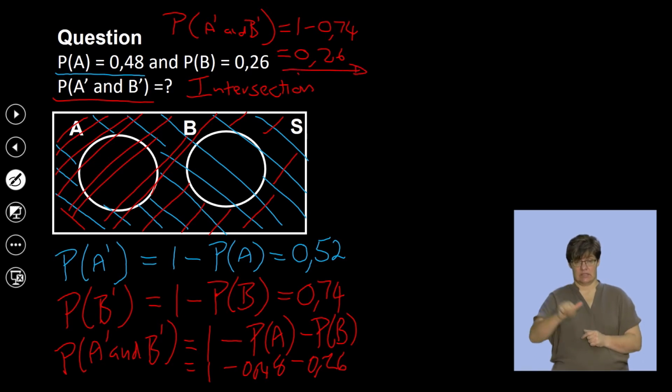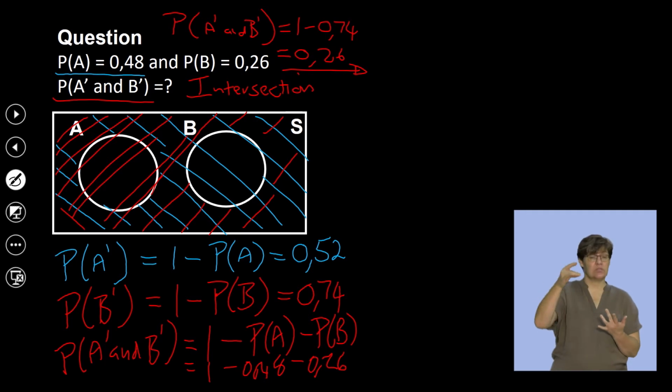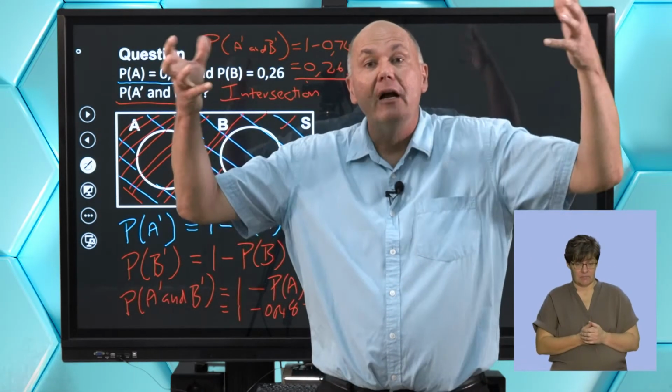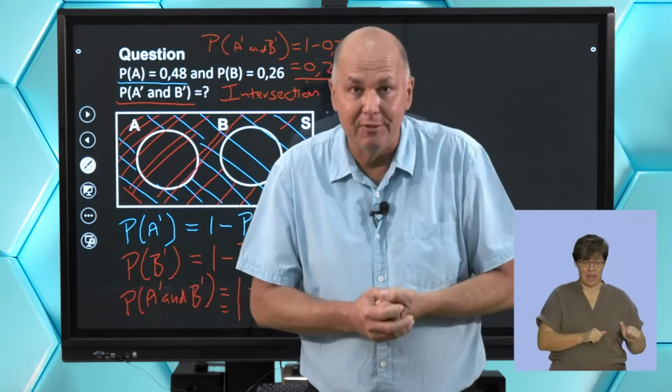So there I've got the probability of choosing something that's not in A and not in B. In other words, it's in the sample space. It's not in A, it's one of those unfavorable outcomes.